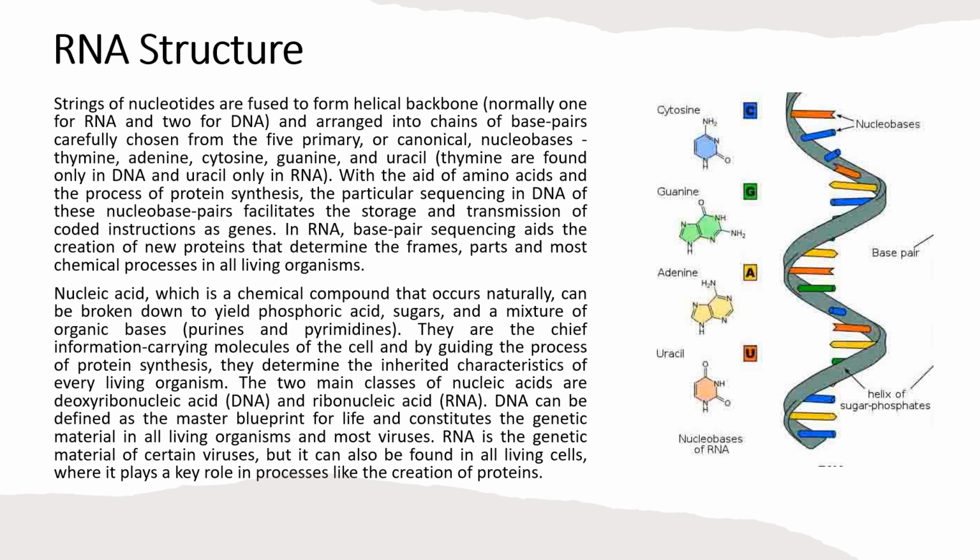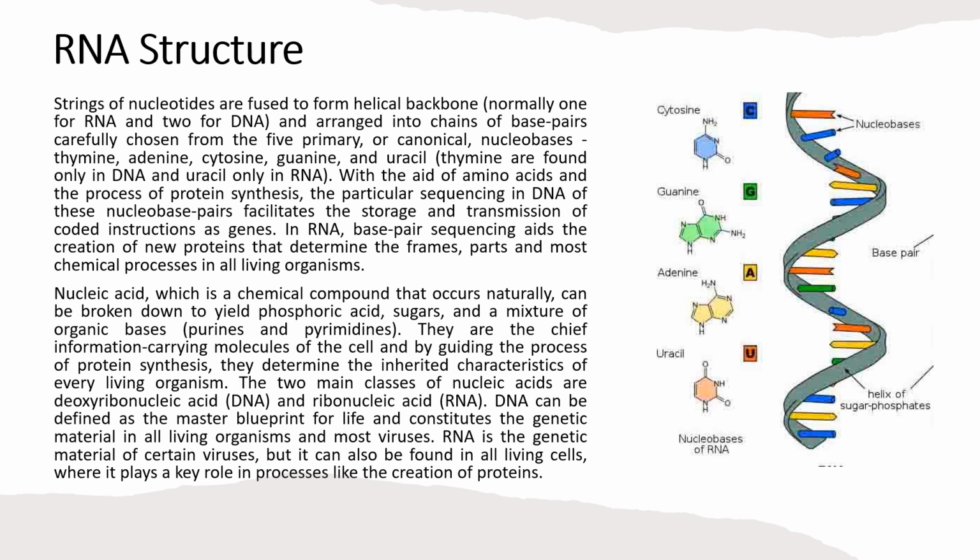RNA structure. Strings of nucleotides are fused to form a helical backbone, normally 1 for RNA and 2 for DNA, and arranged into chains of base pairs carefully chosen from the 5 primary or canonical nucleobases: thymine, adenine, cytosine, guanine, and uracil.